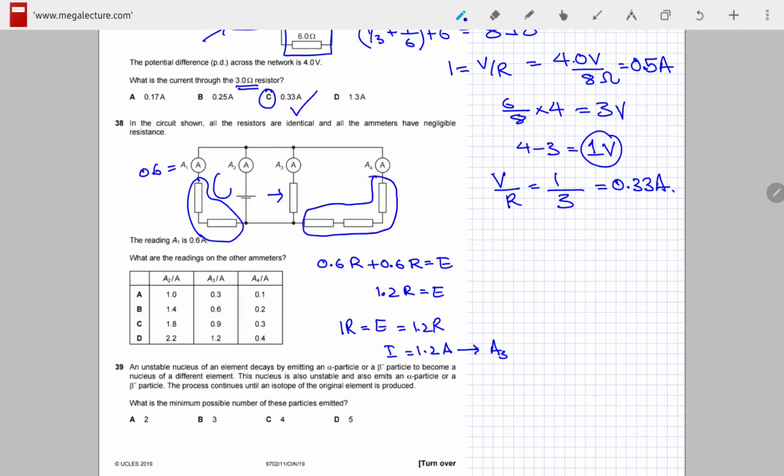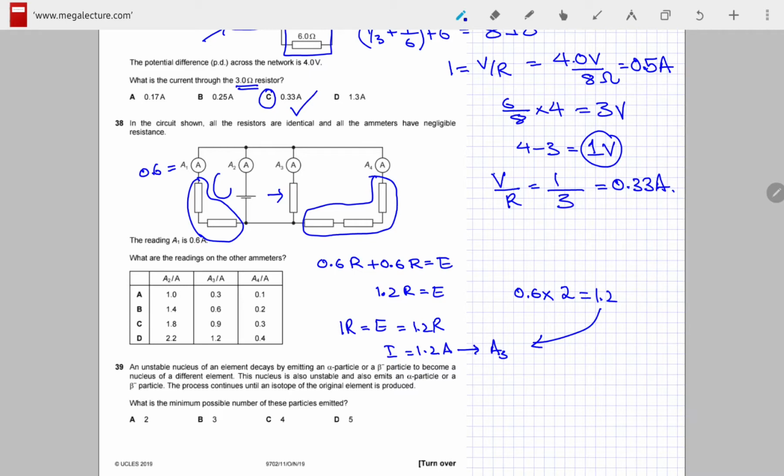So you can see that they're parallel. The reading on A1 we know is 0.6 amperes, so the reading on A3 is twice 0.6, which is 1.2, which is what we got from here.